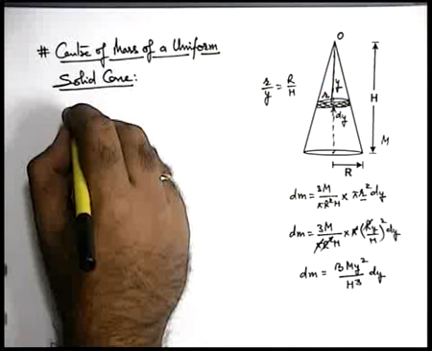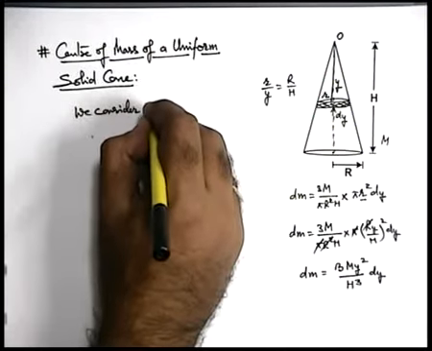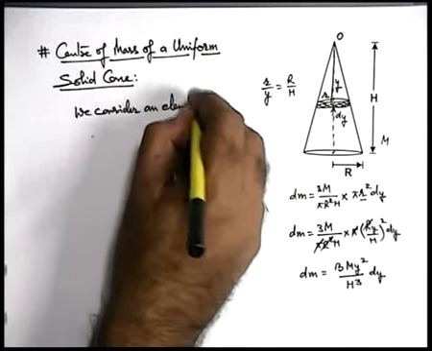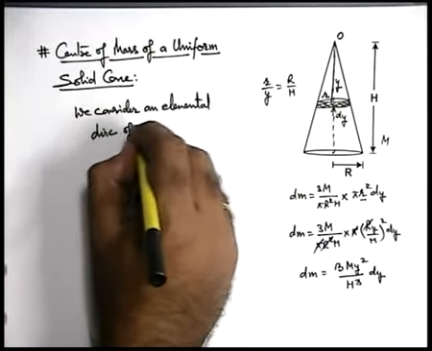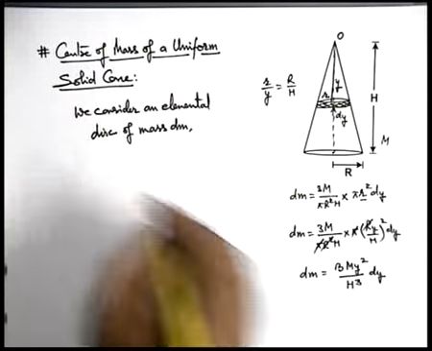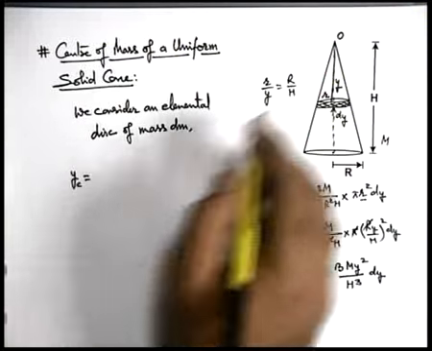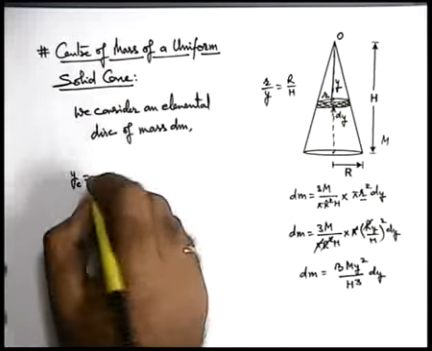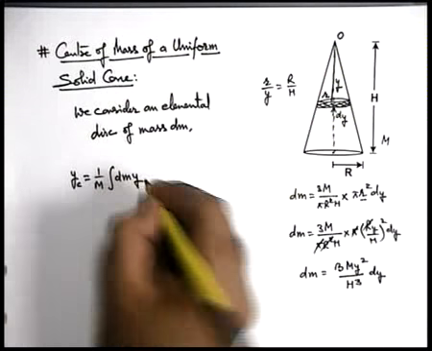So we can start. We consider an elemental disk of mass dm, where dm is given by this, and the y coordinate of the center of mass with respect to the reference point can be given by the expression 1 by m integration of dm y.